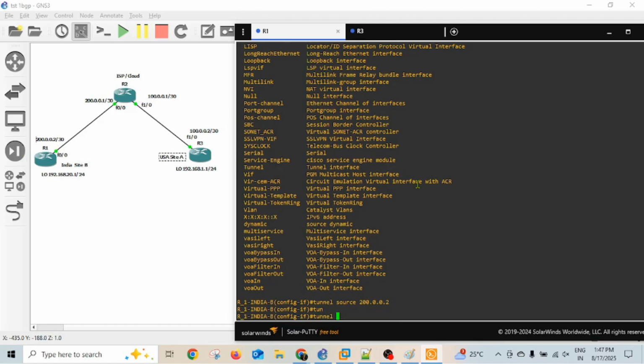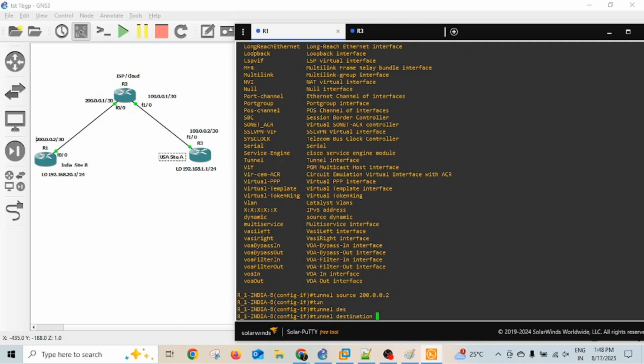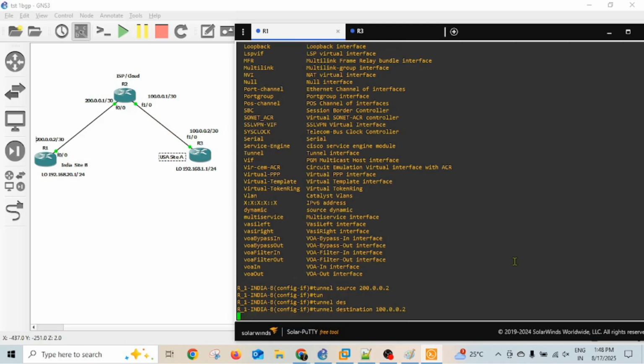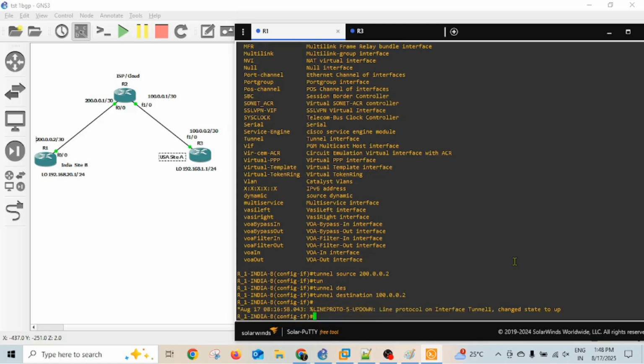And one more thing, the source I have defined. What about the destination? The destination will be site US, the internet IP address they will provide. So 100.0.0.2. It's the destination.